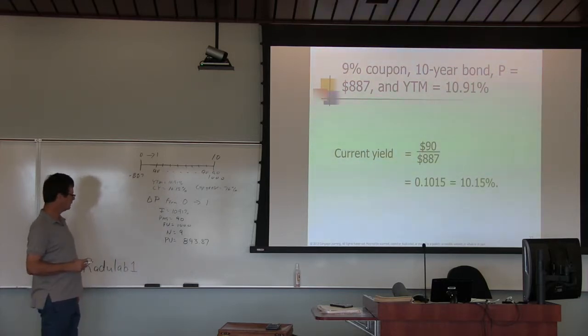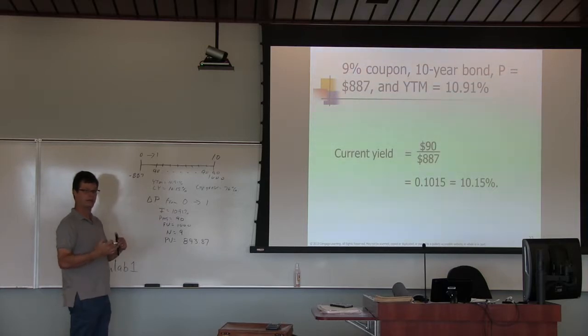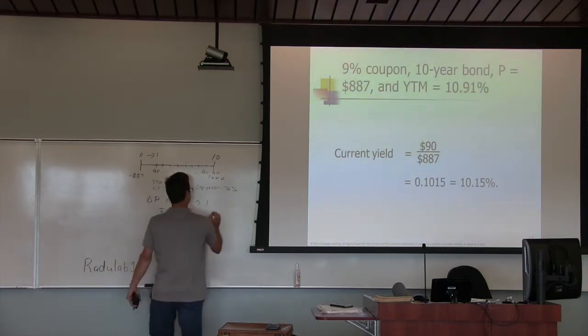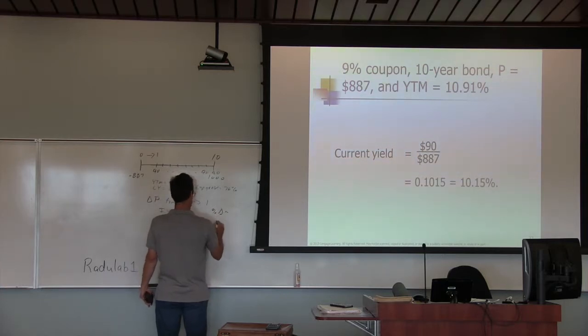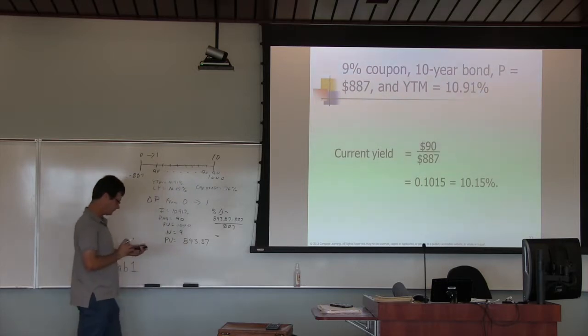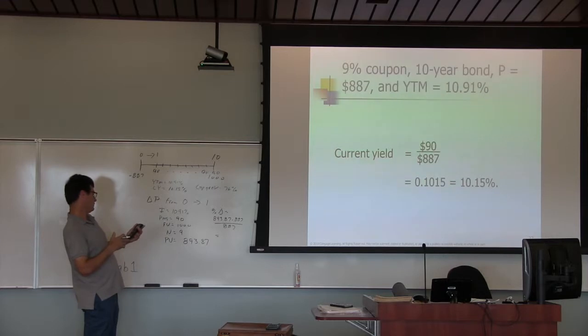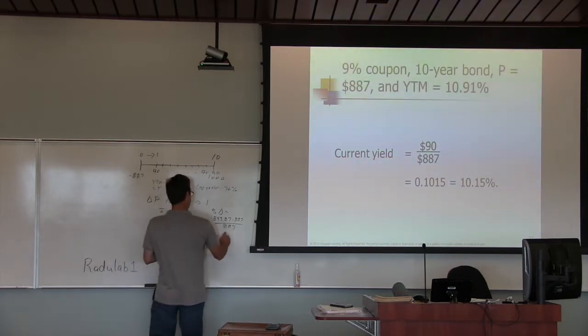So now let's take a look and see what happened in total with our capital gain over that 1 year, right? What was our percentage change in the price of that bond? The percentage change will look like this: 893.87 minus 887 over 887. And we get about 7.7 some odd percent there, right?